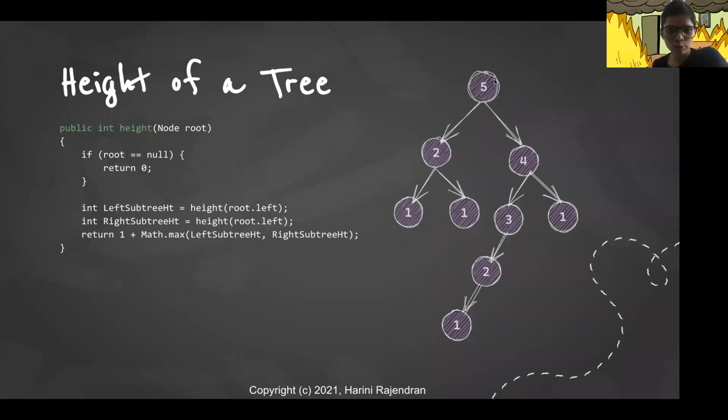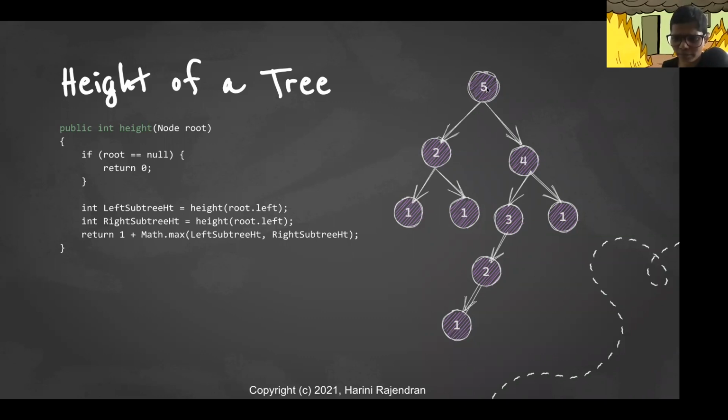Now let's see how to programmatically calculate this. The height of a tree is the height of the left subtree and the height of the right subtree, take the maximum value of the two, and add 1 to it. That is the height of a particular tree, right?